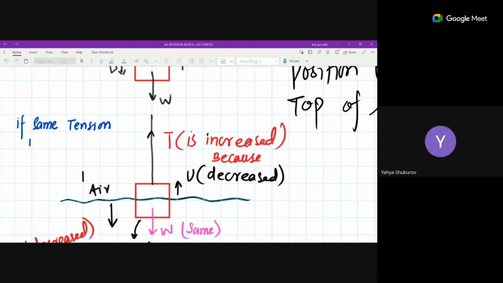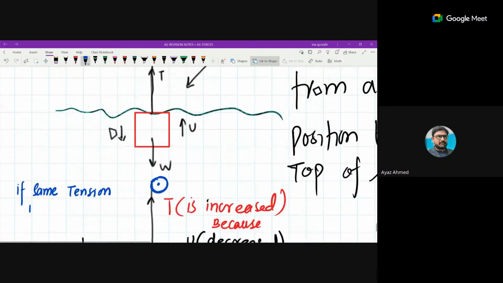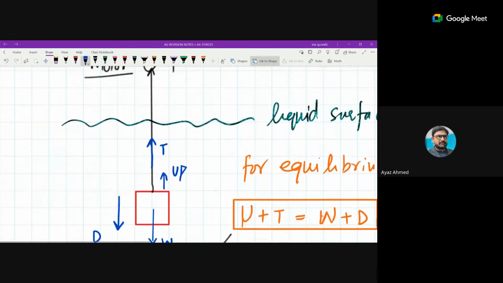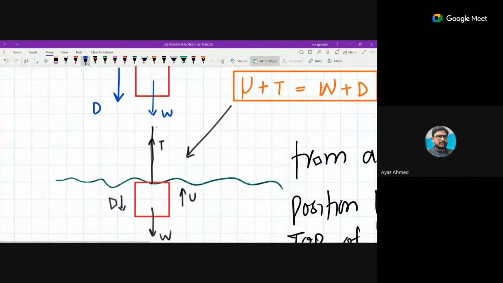Actually, this is the motor. So if the motor has the same force applied in the upward direction as it was here, or here, then what do you think will happen?